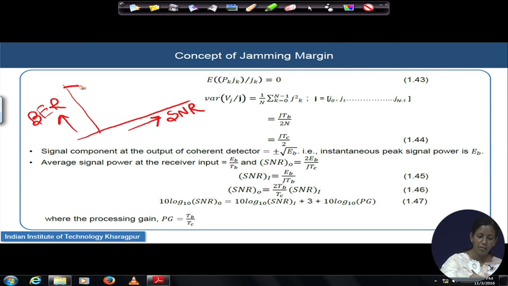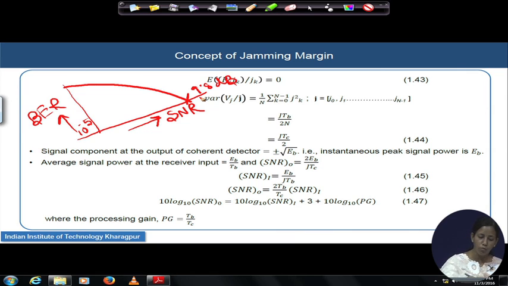If a conventional receiver shows over the AWGN channel that for 10 to the power minus 5 bit error rate, for BPSK transmission, we touch it at 9.8 dB, then based on the processing gain, computing the related value of TB by TC, to get that same 10 to the power minus 5 bit error rate, you won't need to put in that much SNR.